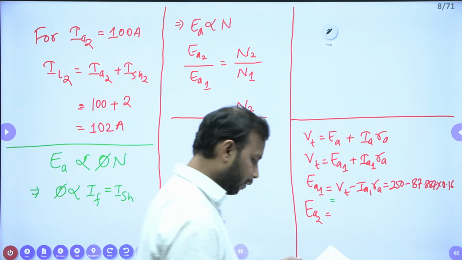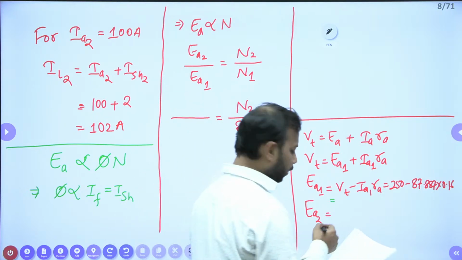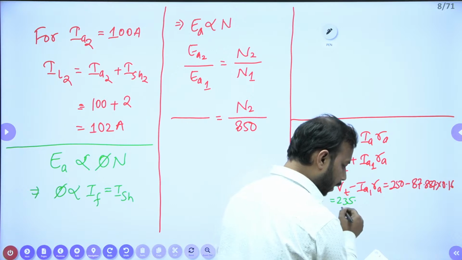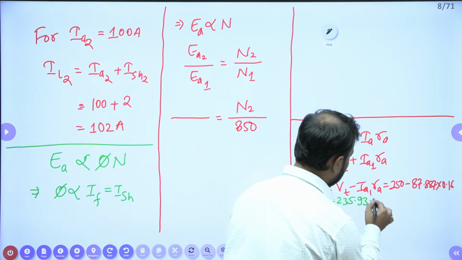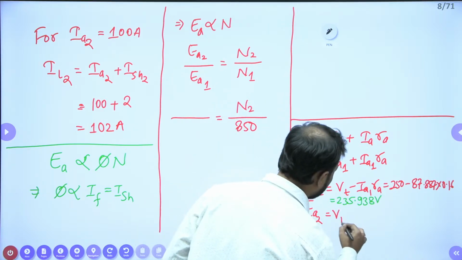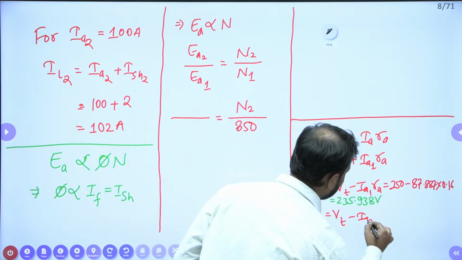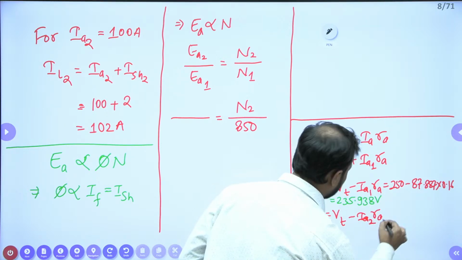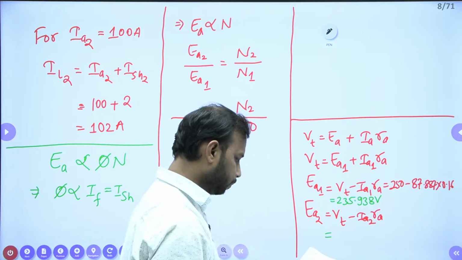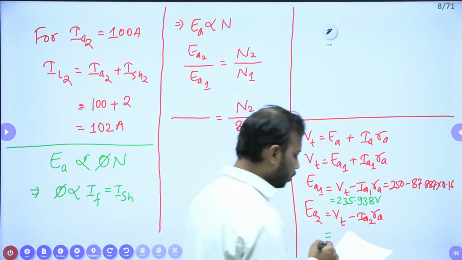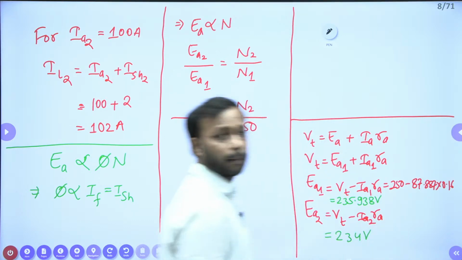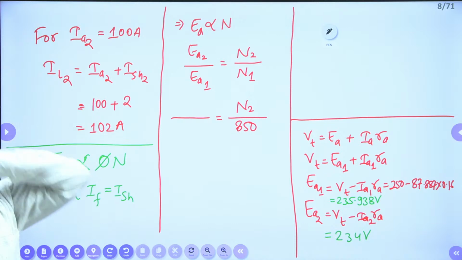EA1 is 235.938 volt. Done. Similarly, EA2 is equal to VT minus IA2 RA. When you solve this, you will get EA2 as 234 volt. Done. Any doubt in this?